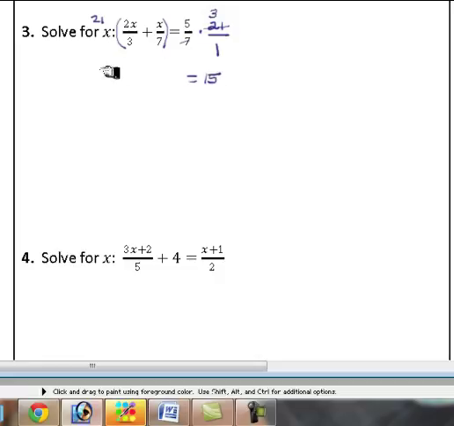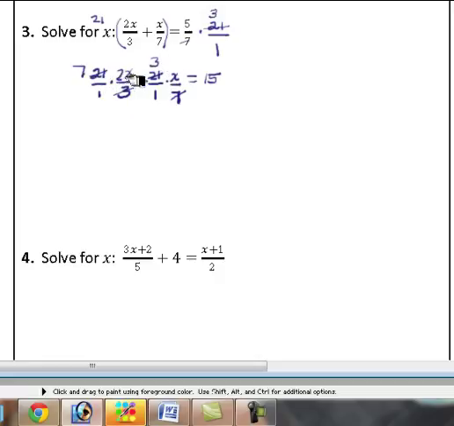On the left side, let's multiply through by that 21, or 21 over 1. Let's say we have 21 over 1 times 2x over 3 plus 21 over 1 times x over 7. We like to do that, multiply through, and then cancel in the next step. Now let's do our canceling. 3 divides into 21 7 times, and 7 divides into 21 3 times.